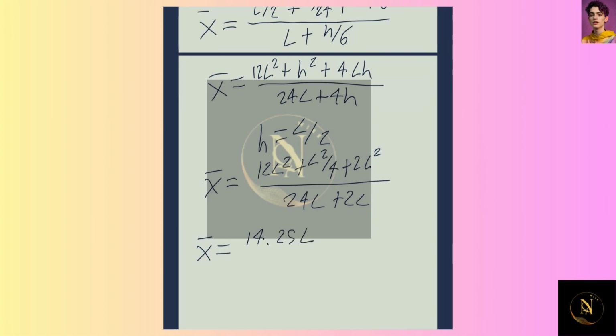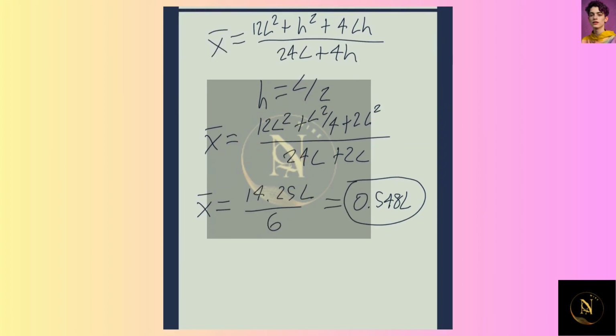And since an L can cancel from the top and bottom, we get that 4.25L over 6 is equal to the centroid, or 0.548L. And that's the answer to part A.